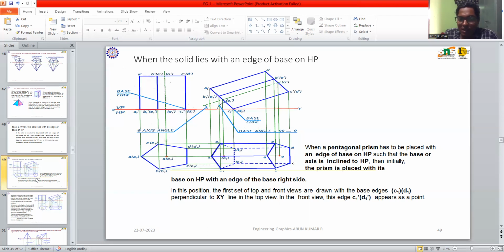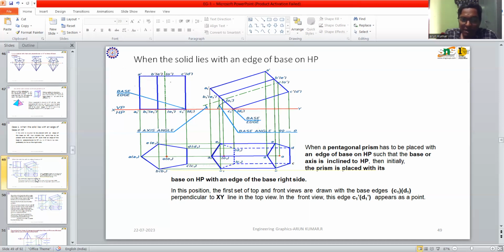After that, for A dash, B dash, C dash, D dash, we have to project vertical lines downward, below the XY line. Then we have to draw horizontal lines, which are projection lines drawn from the top view of the pentagon.